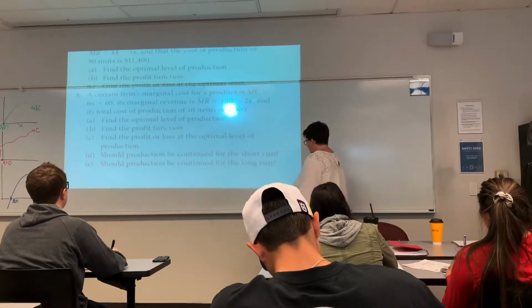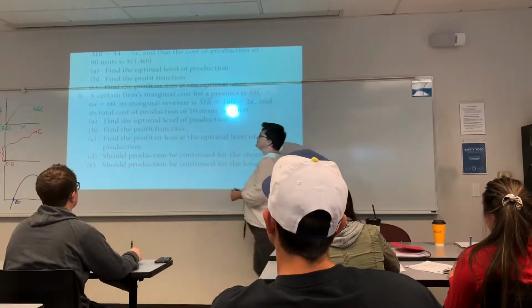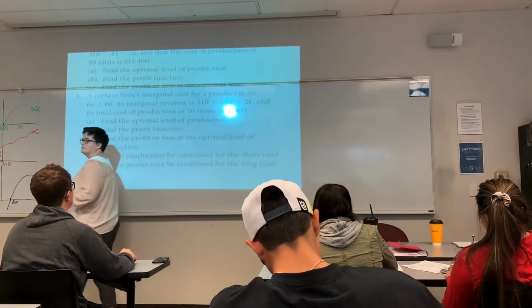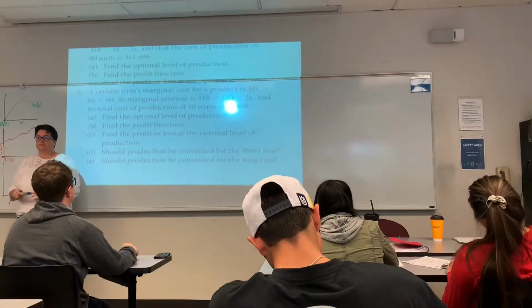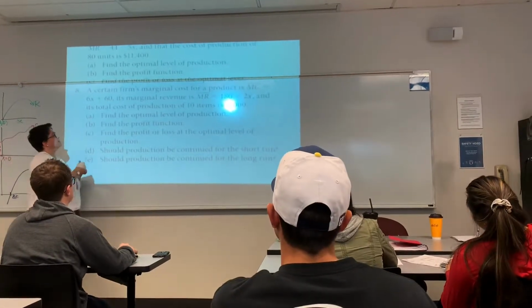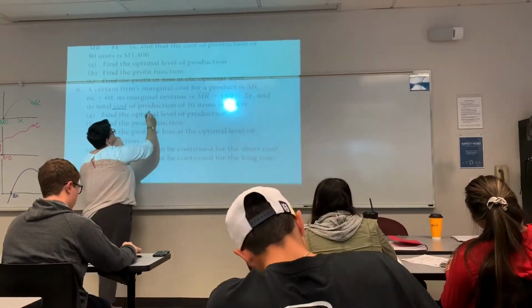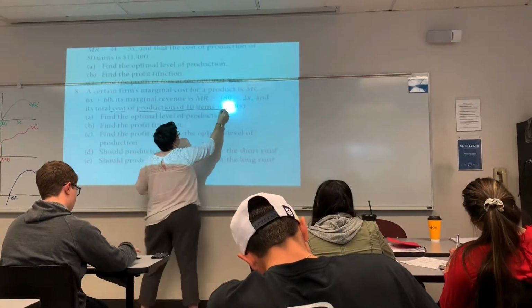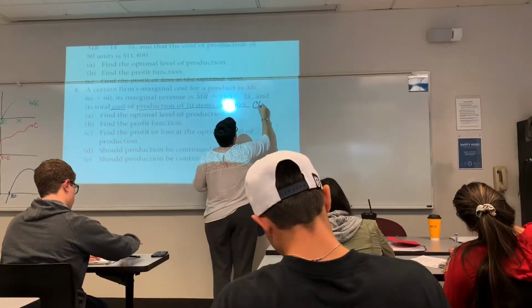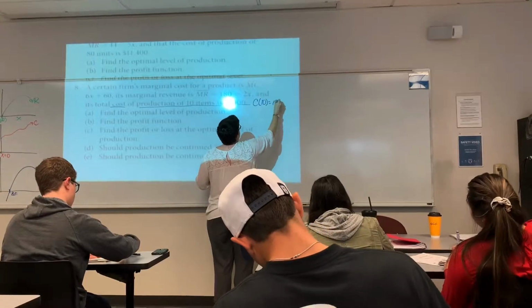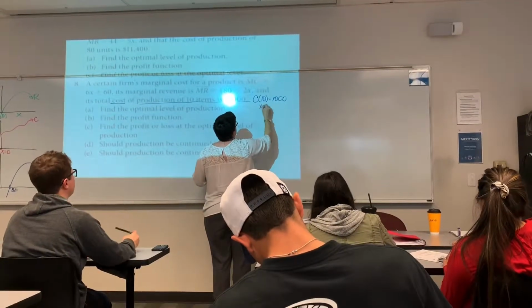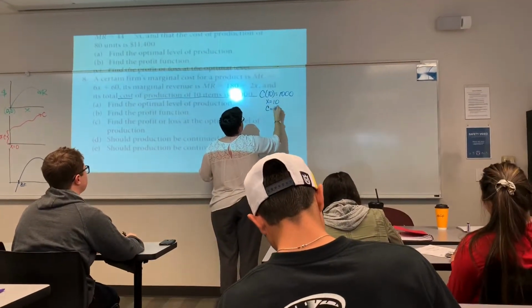We are given a cost nugget. The cost of production of 10 items is $1,000. So that's like saying C of 10 equals 1,000, or when X equals 10, C equals 1,000.